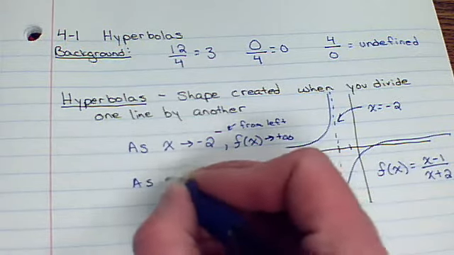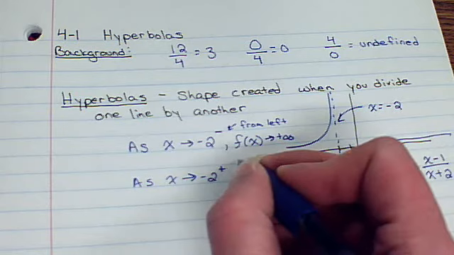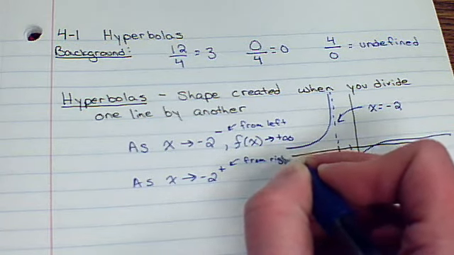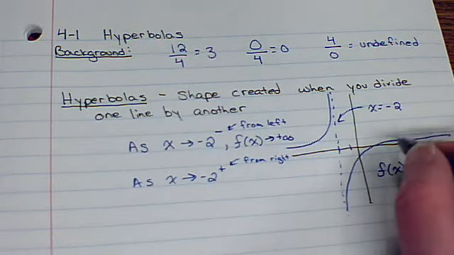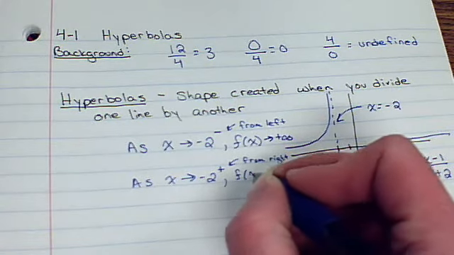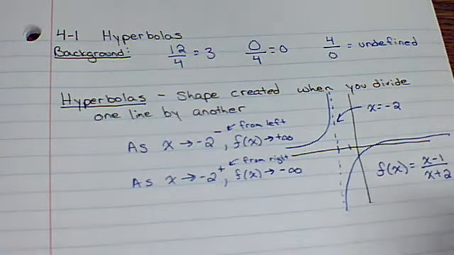As we approach negative 2 from the right side, so looking in the other direction, as we approach negative 2 from the right, we jump down. So f of x goes down to negative infinity.